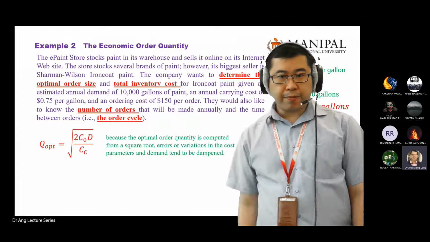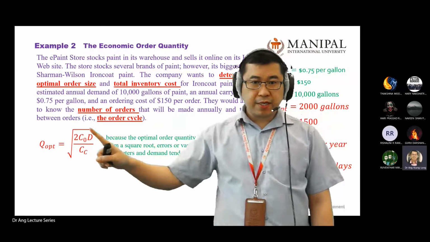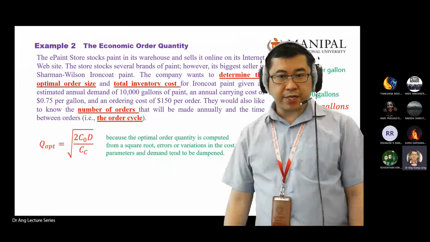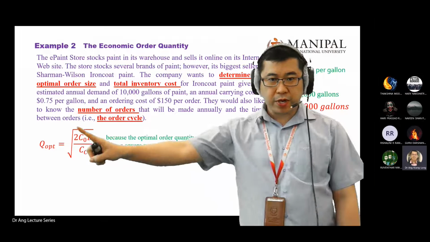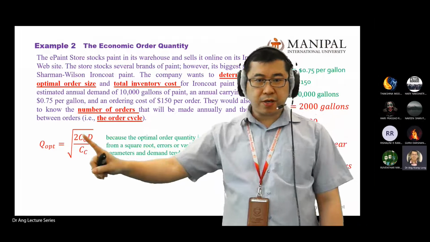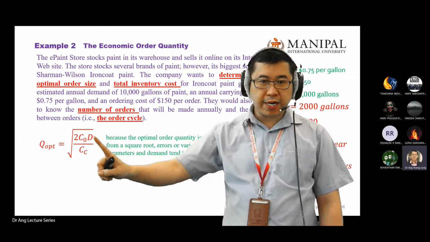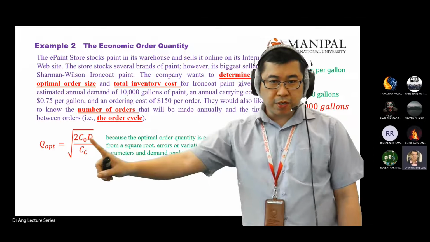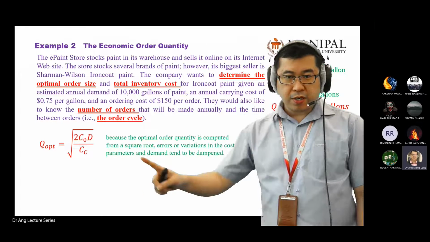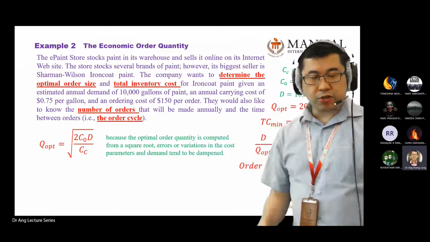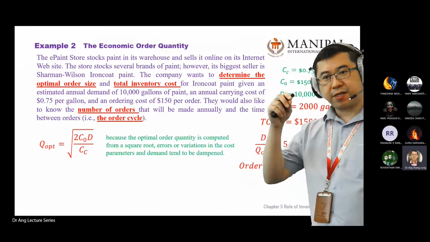In the Q op, the error of calculation is actually reduced because of the square root. If you have error in your demand, order cost or carrying cost, and you have a square root, it actually minimizes the error.